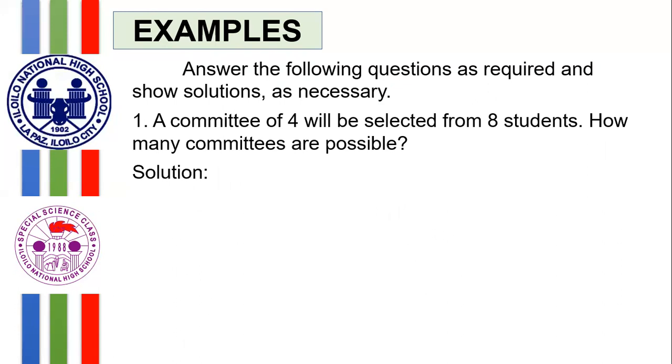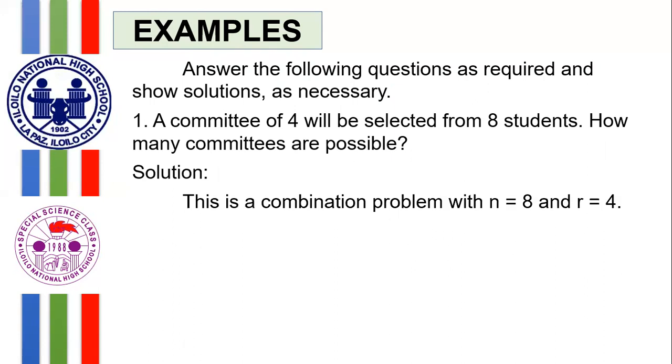We could see that n is 8 because that's the total number of students, and you will be taking 4 at a time. We have to remember this, that for your expression to be valid, it's important that the total number of objects is greater than or equal to the number of objects you are taking at a time.